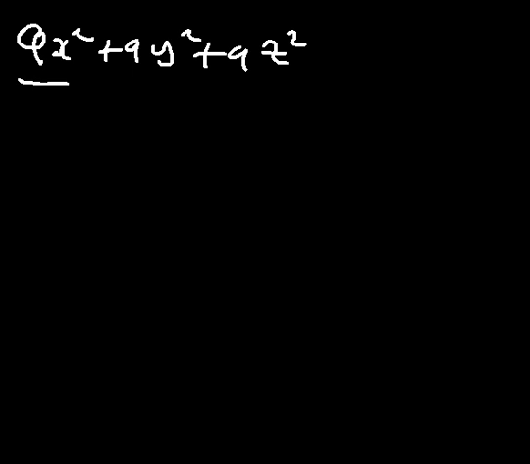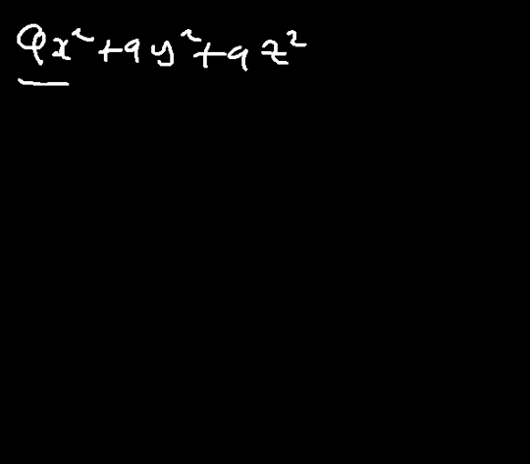Now what if we have this case? You also try this one as well. Let's say we have 9x squared plus 9y squared plus 9z squared. As I've already said, it is impossible that we can have different coefficients there.